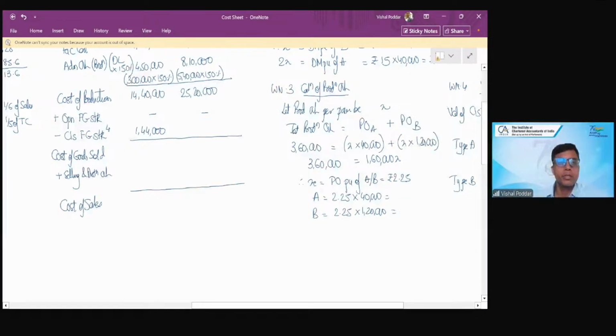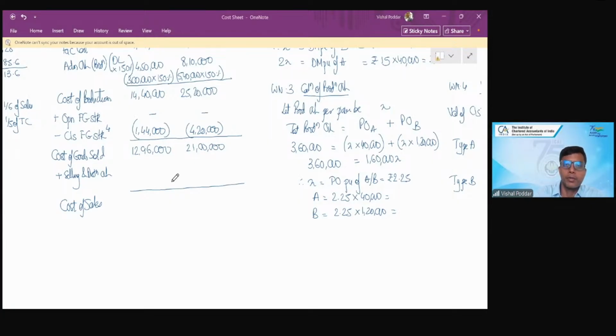Now remember, it is negative. So now what I'm left over here is 21 lakhs. And here what I'm left is 1296. 1296 and 21 lakhs. Correct. Great.